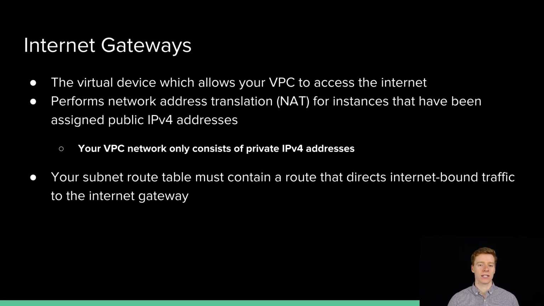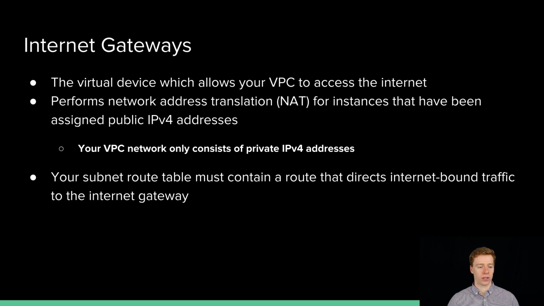The next one is internet gateways. An internet gateway is a highly scalable device which works on the AWS backplane. It allows your VPCs to access the internet, and how it does this is by basically acting as a NAT. The internet gateway hosts your public IP addresses and will do the NAT translation into your private IPv4 address space.